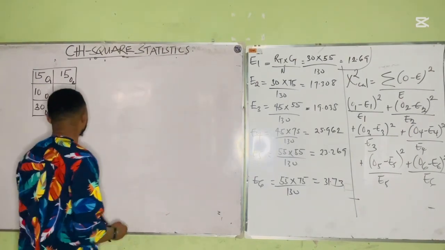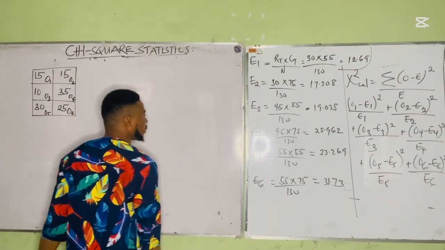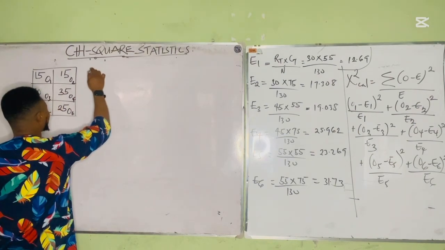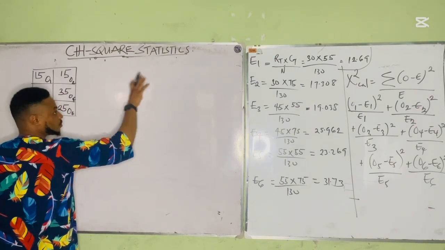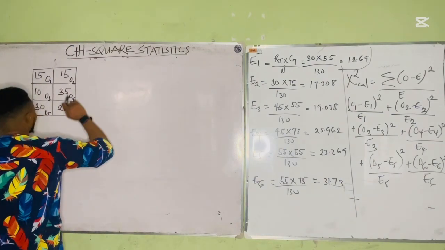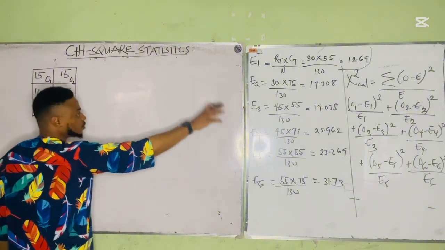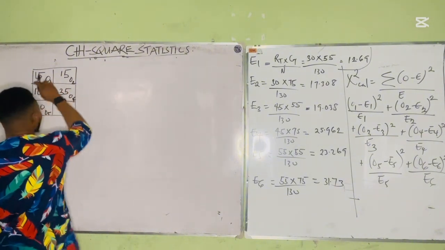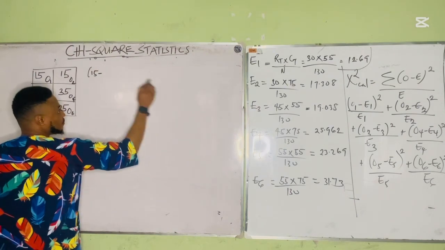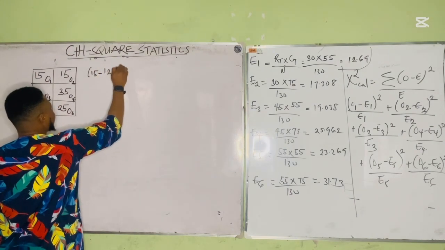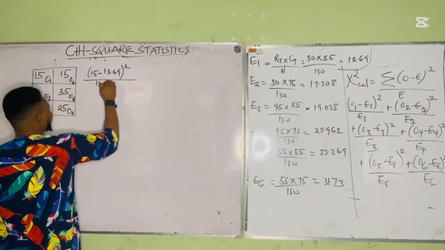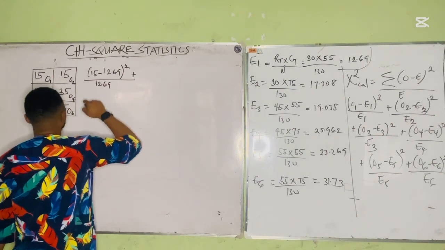So quickly, having arranged it that way, let us solve it. So now, summation of O minus E all squared all over E. Having done this, we would input our observed values into the formula. So O1 minus E1, O1 is 15. So we'll say 15 minus E1, which gave us 12.69, all squared divided by 12.69, plus O2 is 15 as well.